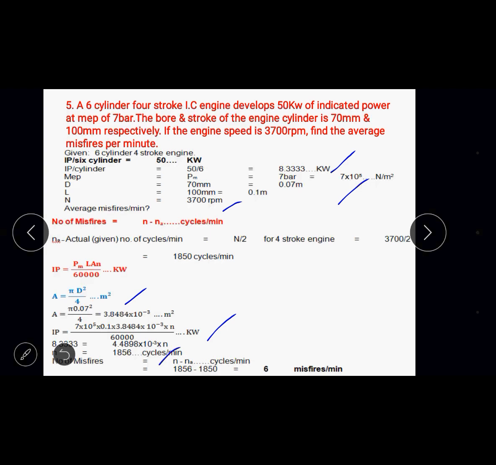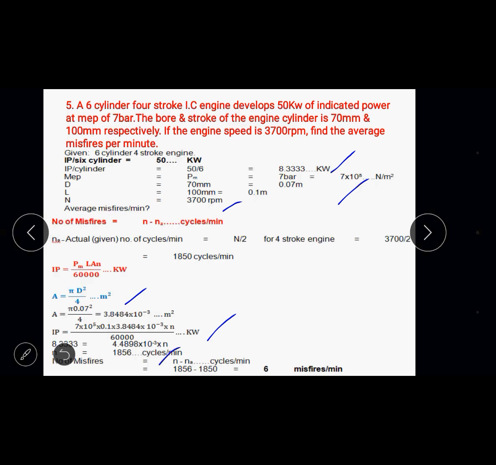If anybody has a question, you can raise it. Sir, how to know whether it is a petrol engine? Petrol and diesel, you're asking whether it's a petrol or a diesel engine? See, petrol and diesel doesn't make any difference because there are no separate formulas for petrol engine and no separate formulas for diesel engine.